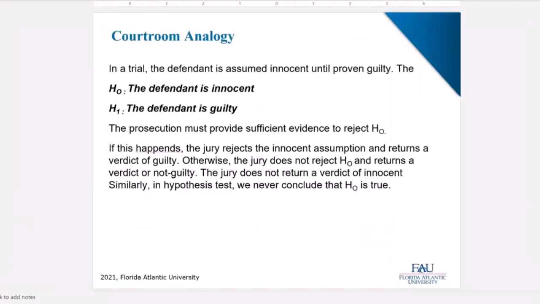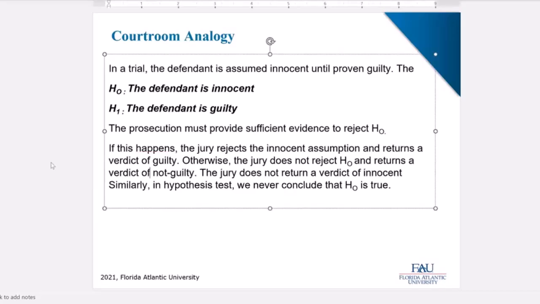Let's give a little analogy. In a trial, the defendant is assumed innocent until proven guilty. The null hypothesis, the defendant is innocent. The alternate hypothesis, the defendant is guilty. The prosecution must provide sufficient evidence to reject the null hypothesis. If this happens, the jury rejects the innocent assumption and returns a verdict of guilty.